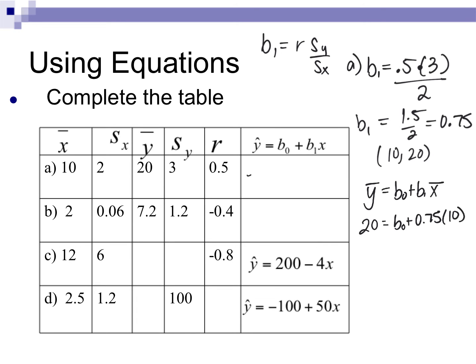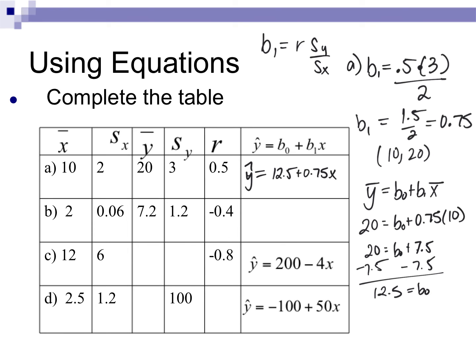Now we'll work a little algebra magic here. 20 equals b naught plus 7.5, minus 7.5, and 12.5 equals b naught, right? 20 minus 7.5? Yep. So y hat equals 12.5 plus 0.75x. That's my equation.